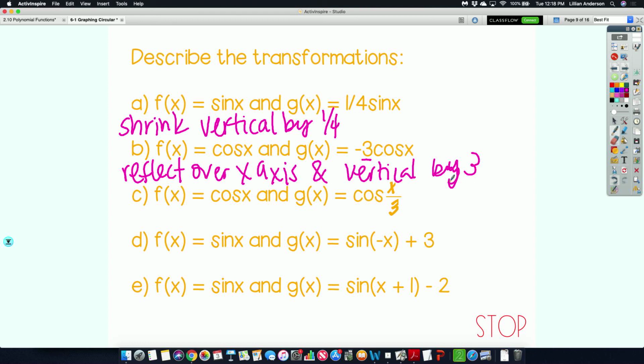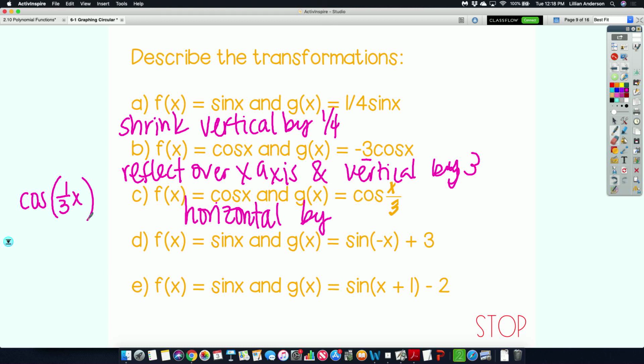What about C? It is horizontal. So your B is your horizontal stretch or shrink. It is horizontal, but by what? Cosine of x over 3 is the same thing as saying cosine of 1/3 x.